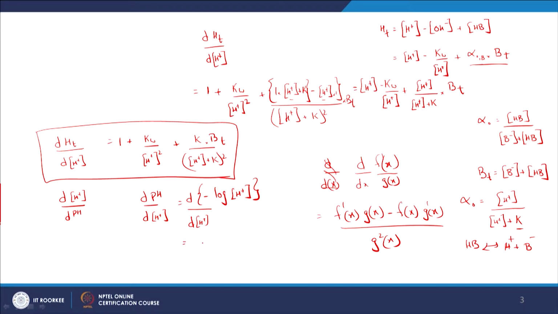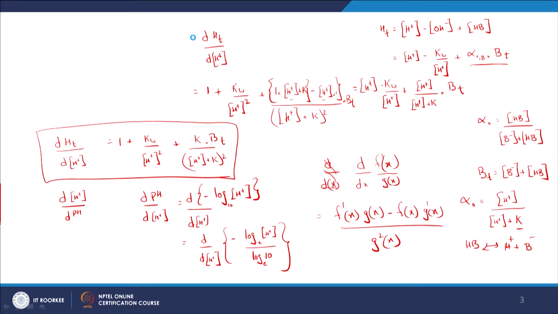So we are going to look at d by dh plus of minus log h plus to the base e, which is a natural logarithm, by log 10 to the base e. Here log means log 10, right? So this is what we have, and let me try to continue this in the next sheet. So we are trying to calculate the derivative of pH with respect to h plus, and I believe we end up with d by dh plus.